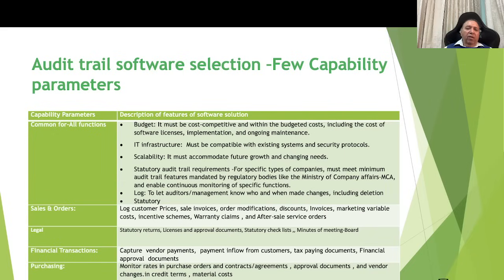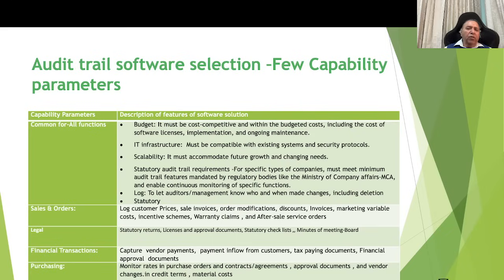Legal. Now, the software should be able to have at least the following: track any changes made to the statutory returns or the licenses or the approval documents from the government authorities or the statutory checklists which are there or the minutes of the board meetings. This software must be able to take care of these requirements.